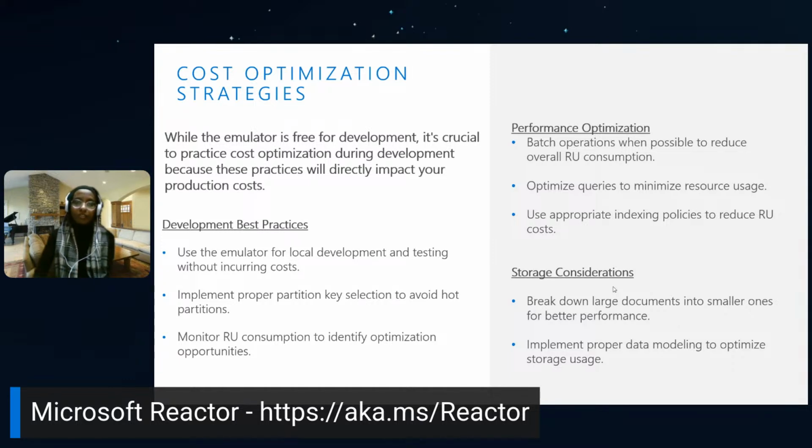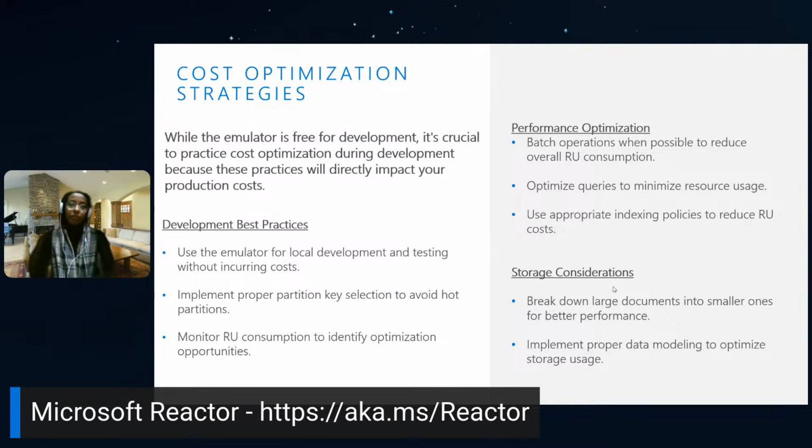So you need to test this before you use it in production. We have the development best practices: use the emulator for local development and testing without incurring any costs, implement proper partition key selection so you can avoid hot partitions, and monitor your consumption to identify optimization opportunities.